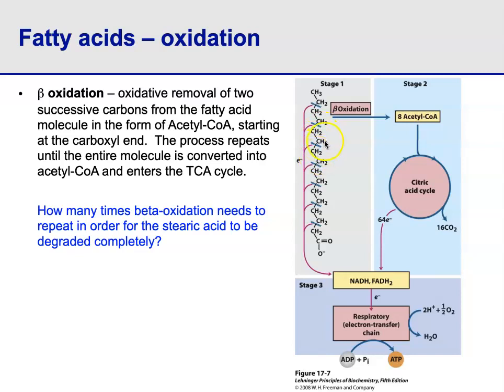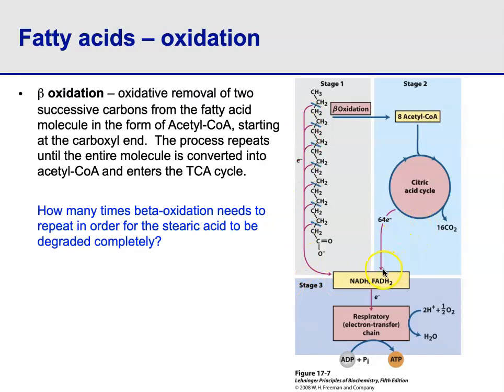All the resulting acetyl-CoAs are then fed into the citric acid cycle, where they are degraded to carbon dioxide and electrons. The other product of beta oxidation are electrons loaded on electron carriers.